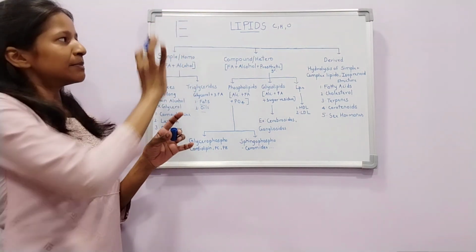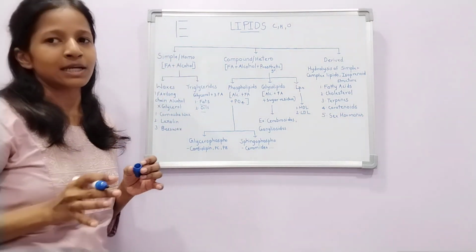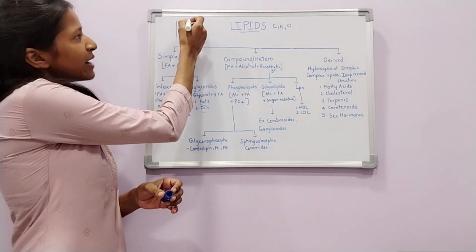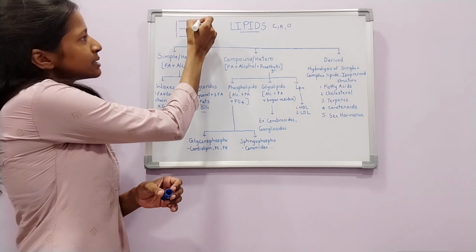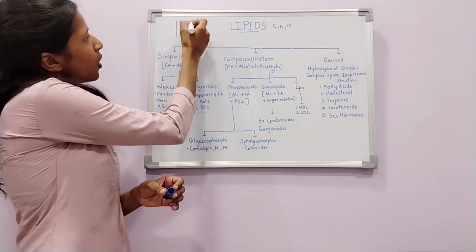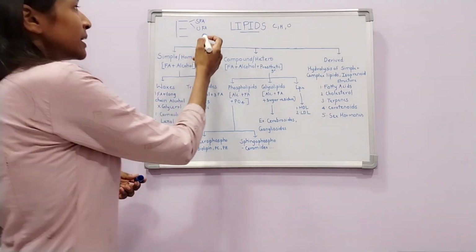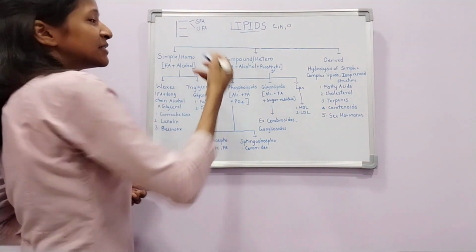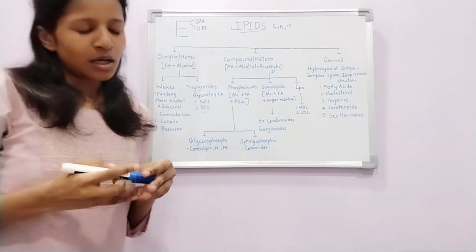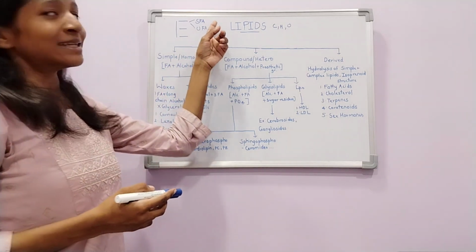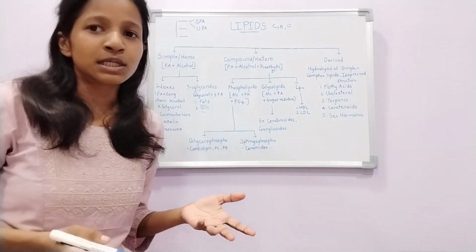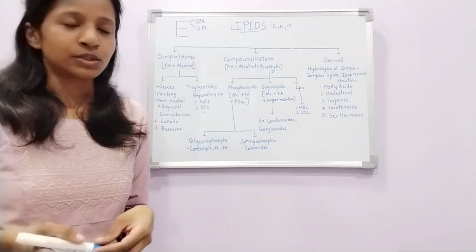This is the structure of a triglyceride. This fatty acid can either be a saturated fatty acid or an unsaturated fatty acid, and in some cases, it can be a mixture of different types of fatty acids. Based on the type of fatty acid, triglycerides can either be liquid or solid at room temperature.